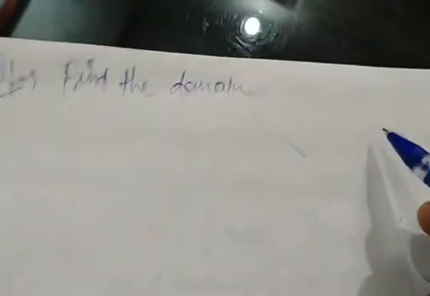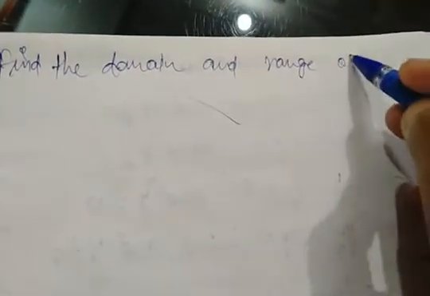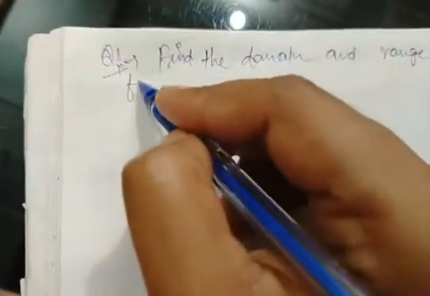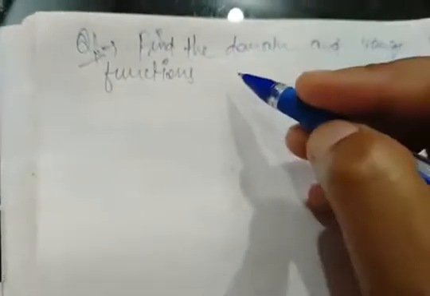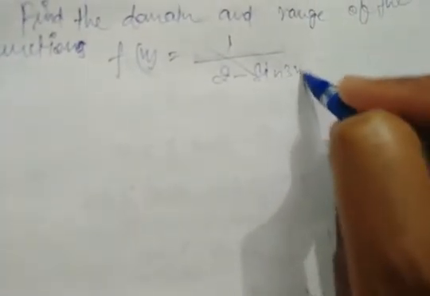Find the domain and range of the function f of x is equal to 1 upon 2 minus sine 3x.